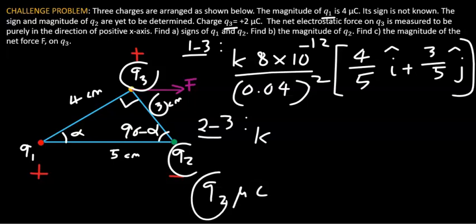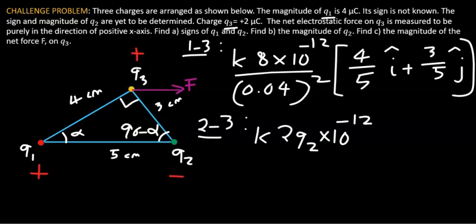So we want to determine the value of Q2. So together you get 2Q2 times 10 to the power minus 12. The distance between Q2 and Q3 is 3 cm, so over 0.03 squared. So that's Coulomb's law in action here.